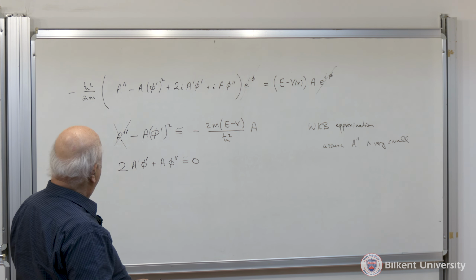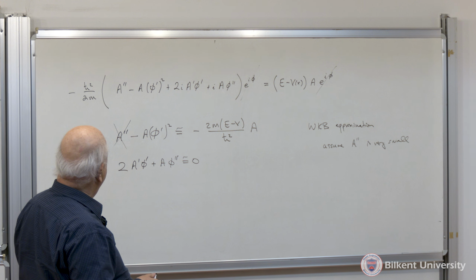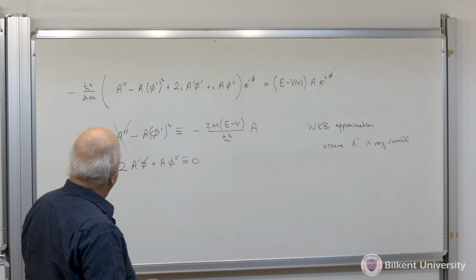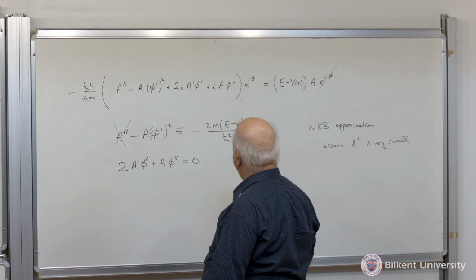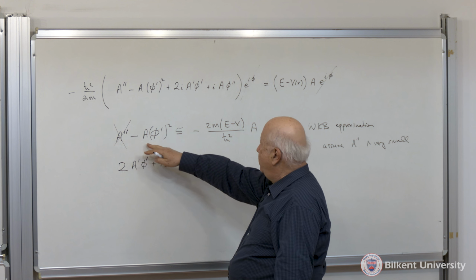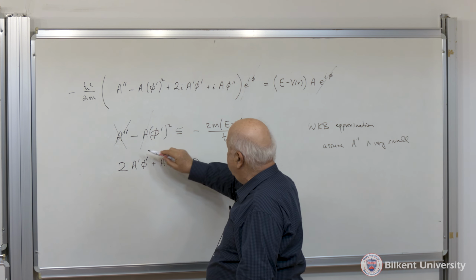All right, so let's see what we get out of this. Let's first look at the real part equation. You see now I have an a here and an a there, so I can just cancel these a's.